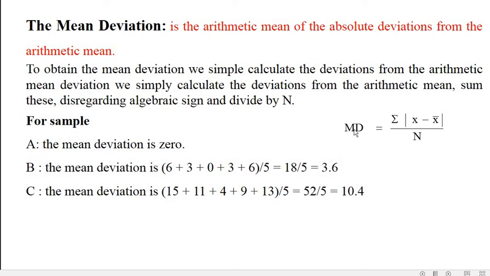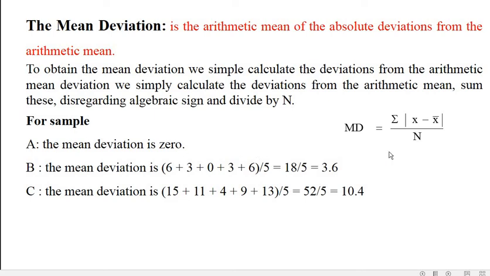Mean deviation equals the summation of |x minus x bar|, where these two bars mean do the deviation ignoring the algebraic sign, over n, the number of observations. In the first case it was 0.